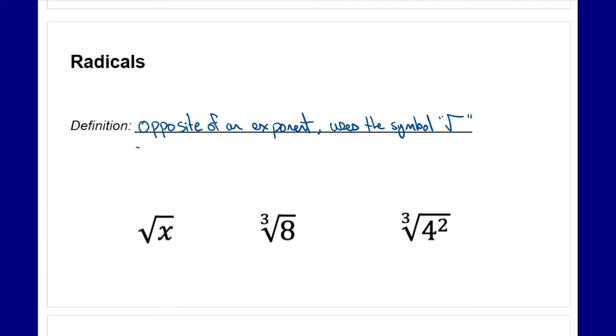These are also known as roots, but not to be confused with x-intercepts when we're dealing with quadratics. That's a different meaning of roots, but we'll mostly refer to them as radicals.